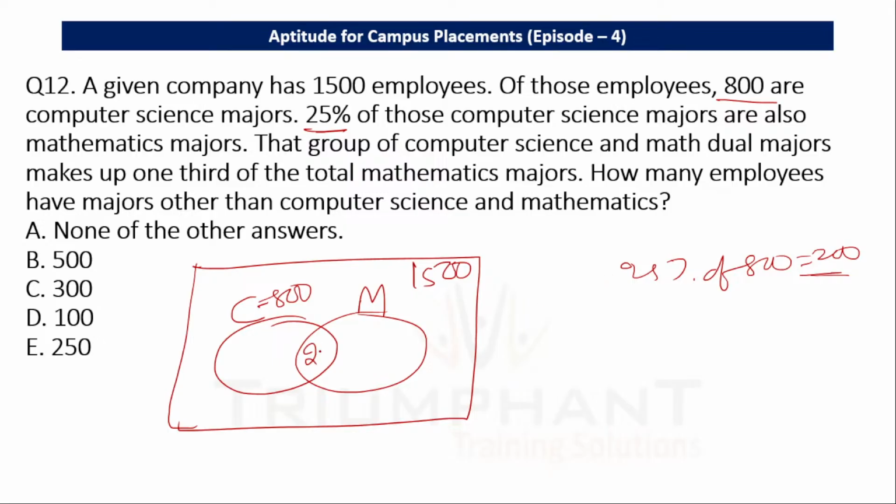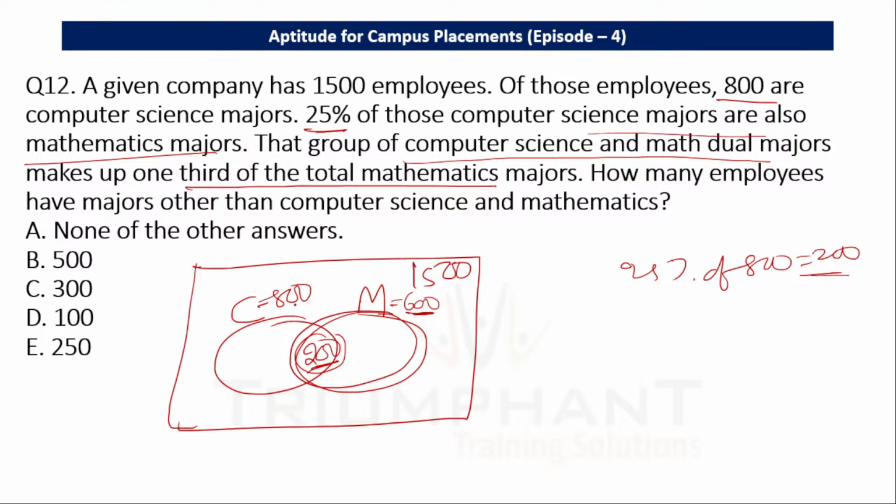So 200 people have computer science and mathematics also, that is, the intersection is 200. These 200 are one third of total mathematics majors. So 200 is one third of total mathematics majors. So that means mathematics majors should be 600. Then only one third of 600 is 200. Right?